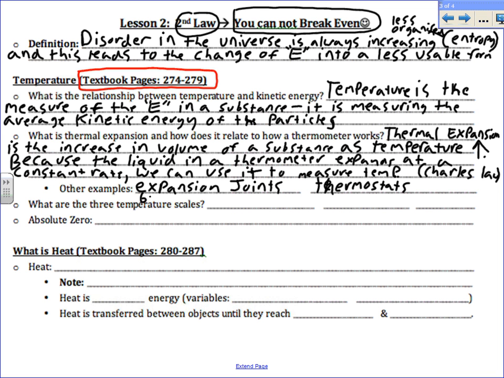And when bridges get really warm, the concrete on the bridges can expand, because that's what the particles do. And if they expand far enough, they can break. So we put these expansion joints in the bridges so that the bridge can flex and expand without breaking.